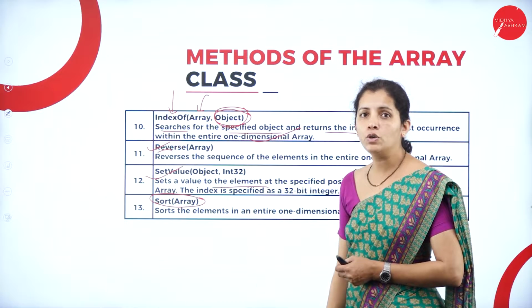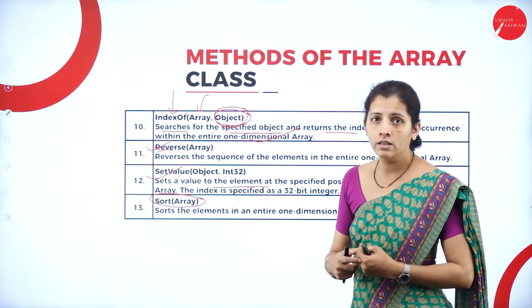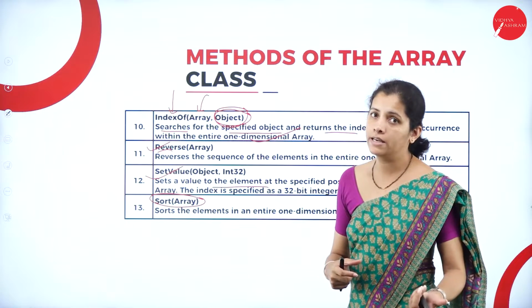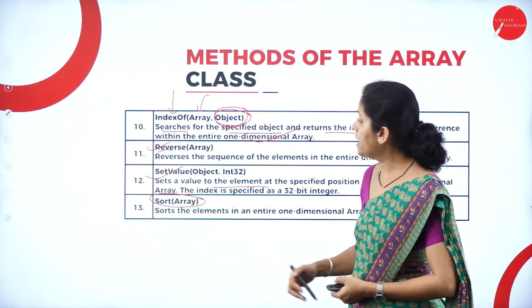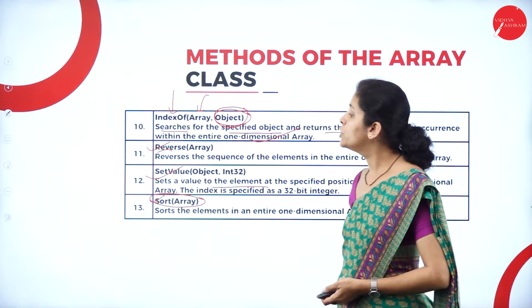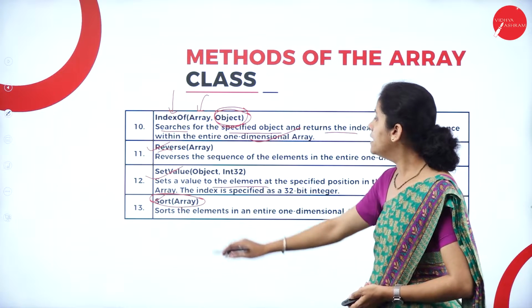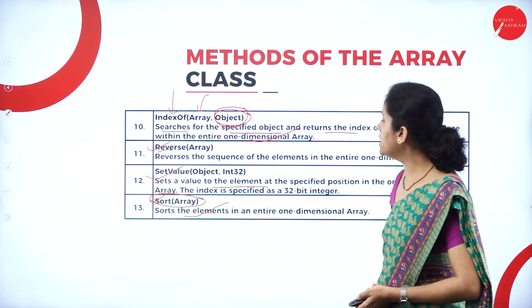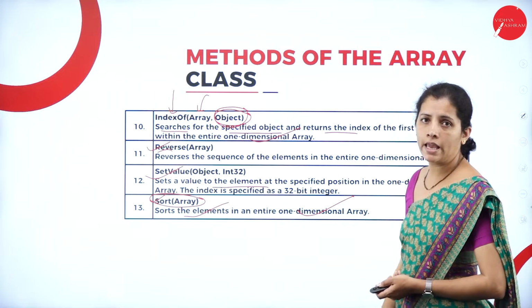Suppose I want to arrange the elements in some order, that may be ascending or descending, then I can use the method called Sort. It sorts the elements in an entire one-dimensional array.